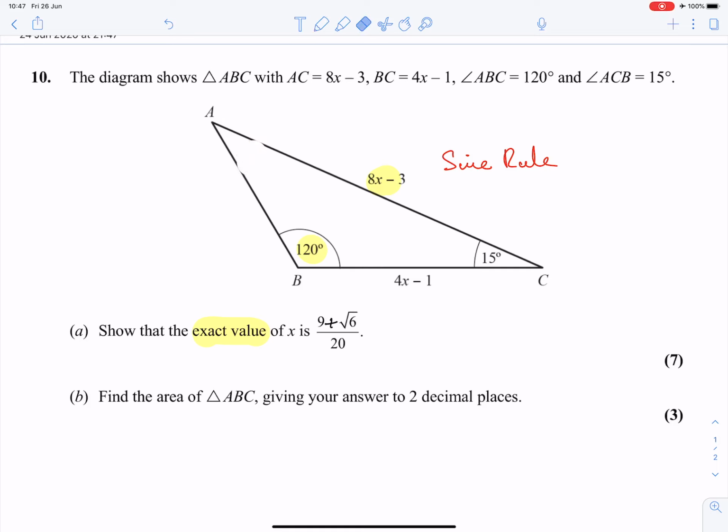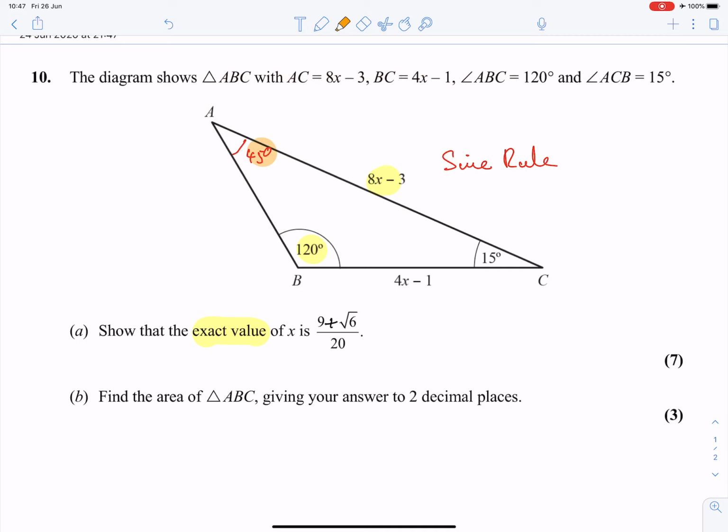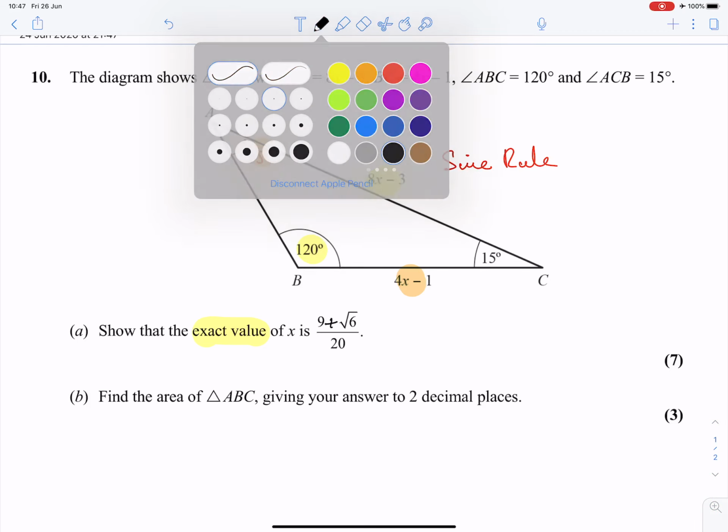Subtract from 180 makes this 45 degrees. So we've now got a second pair of angle and its opposite side.